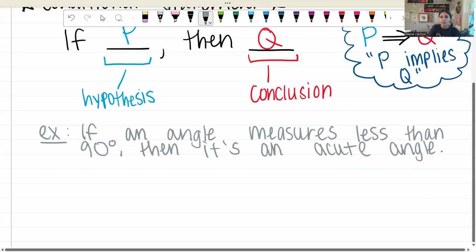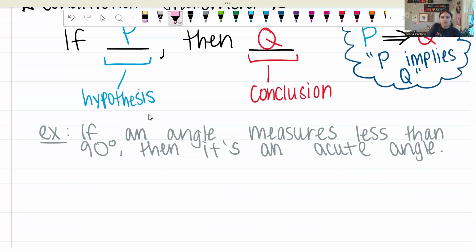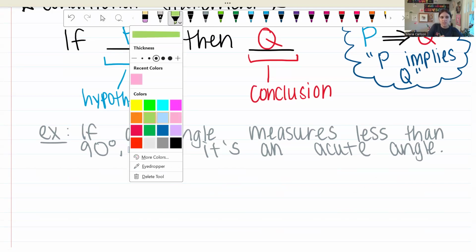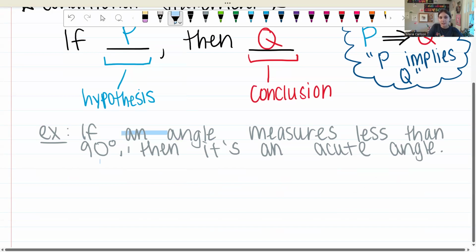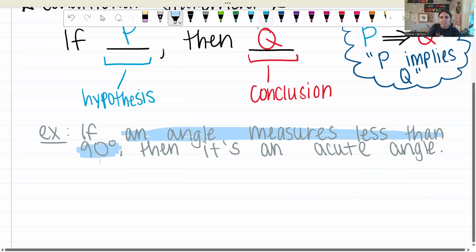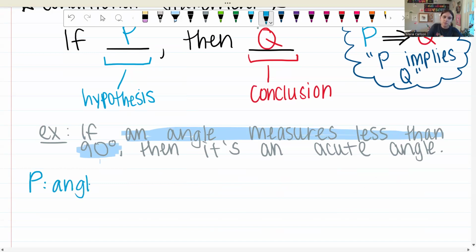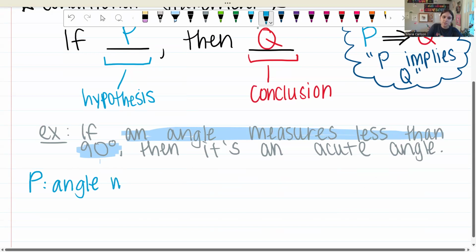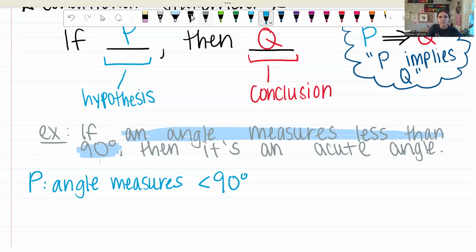Our hypothesis here is the if part: if an angle measures less than 90 degrees, that's our statement P. I'm just using the less than symbol to abbreviate here.